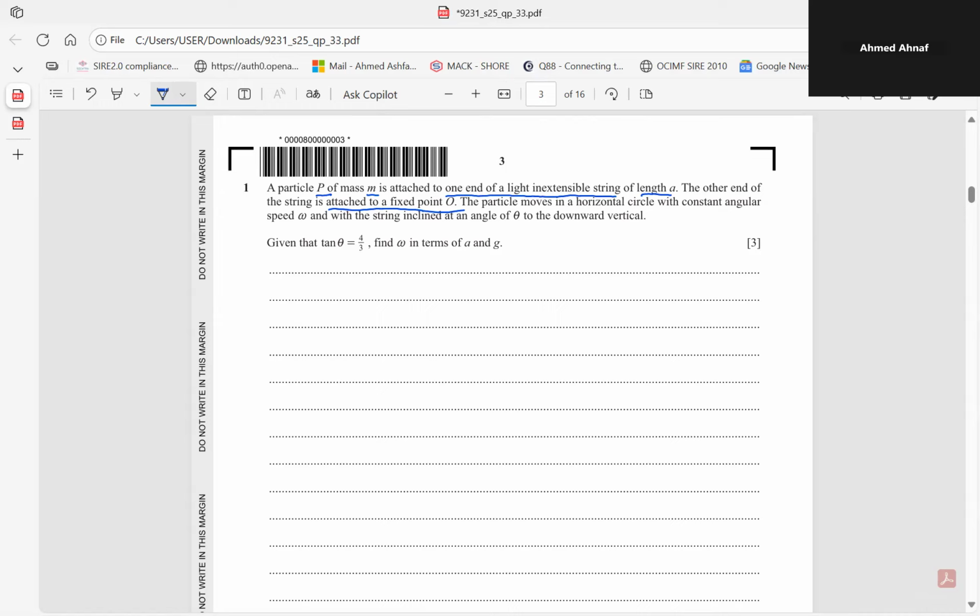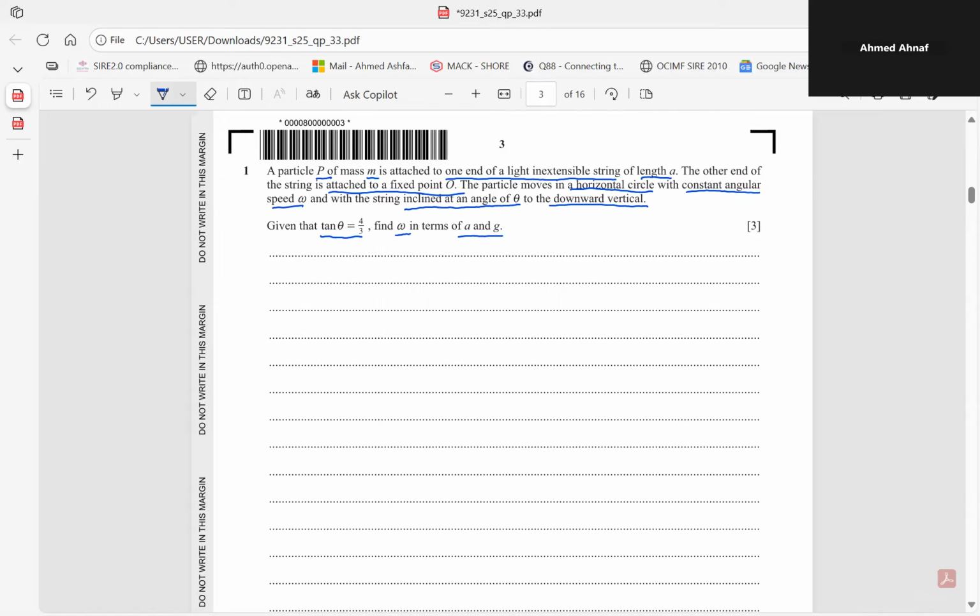Okay, and then what else does it say? The particle moves in a horizontal circle with constant angular speed omega and with the string inclined at an angle theta to the downward vertical. And we're also told that tan theta is 4/3. We have to find omega in terms of a and g.